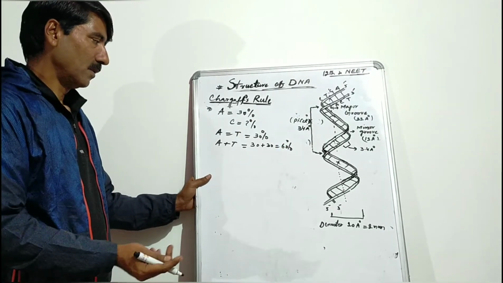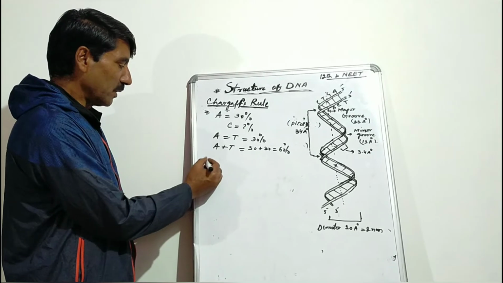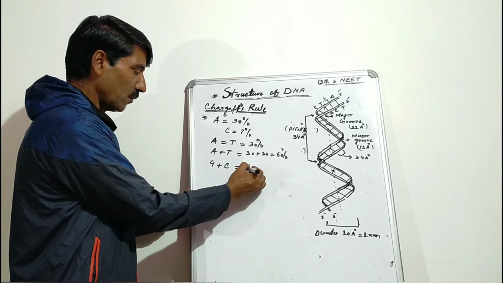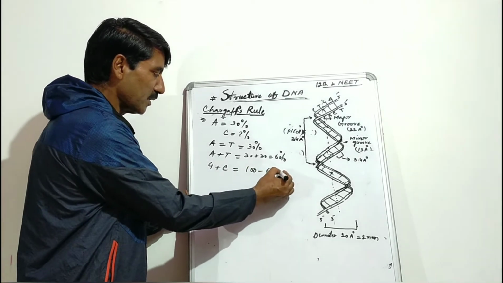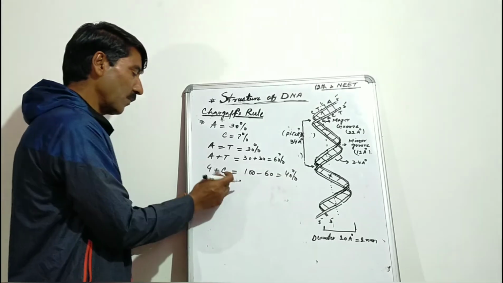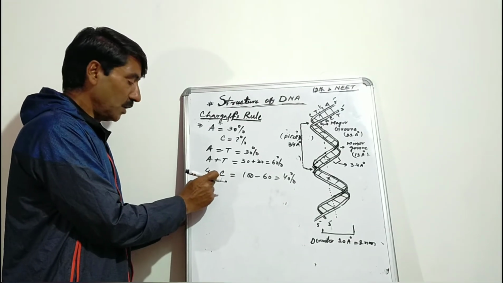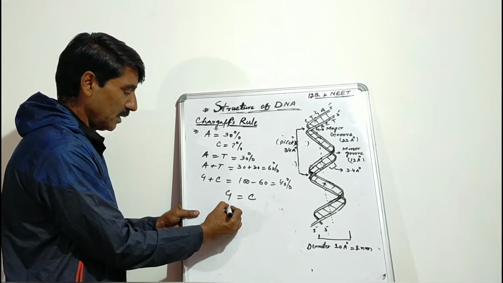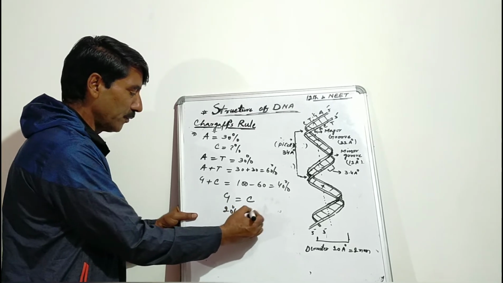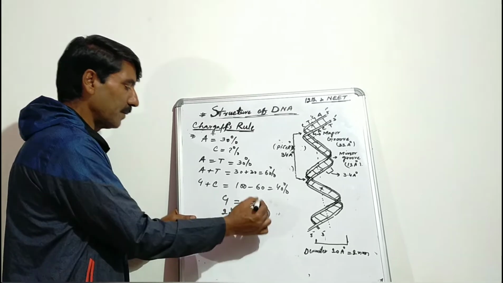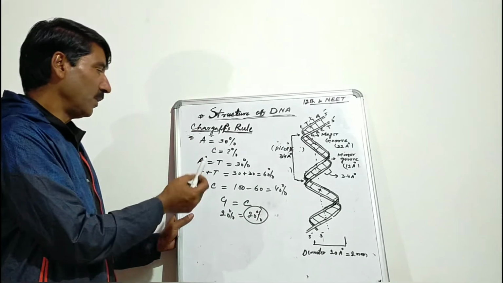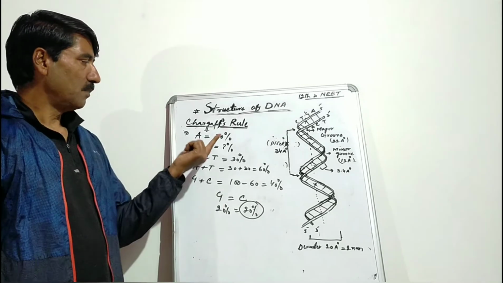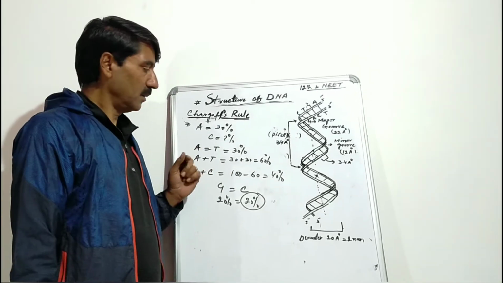So now we can calculate easily the amount of G plus C. So the G plus C, that is guanine plus cytosine, would be the 100 minus 60%, that is 40%. Now if we are now knowing amount of G plus C, we know G is equal to C, then it becomes 20% G and 20% C. So the amount of the cytosine in that particular DNA molecule would be 20%.